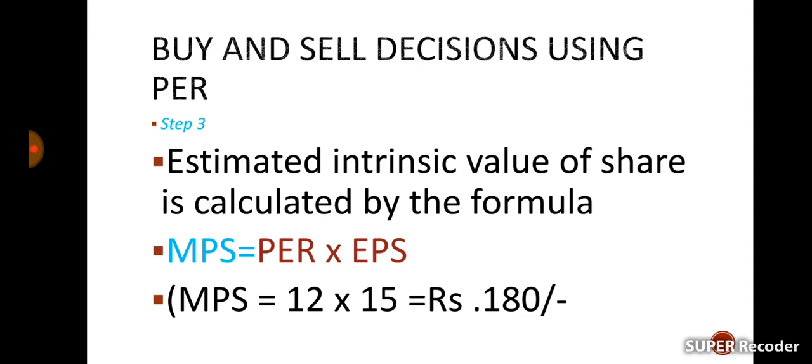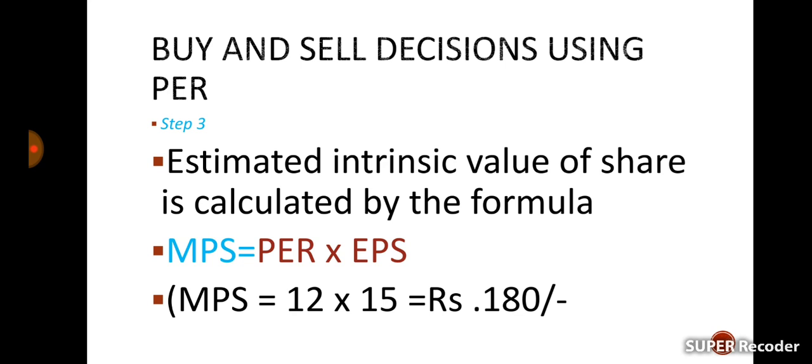Here in our example, the PER is 15 and EPS is 12, so the market price per share or intrinsic value of the share is 15 into 12, that is rupees 180.